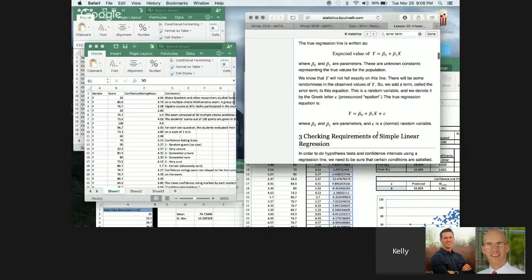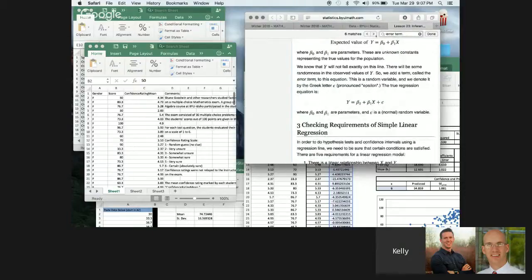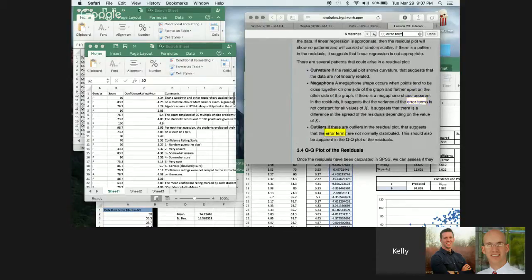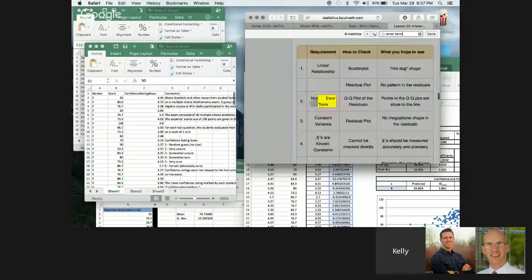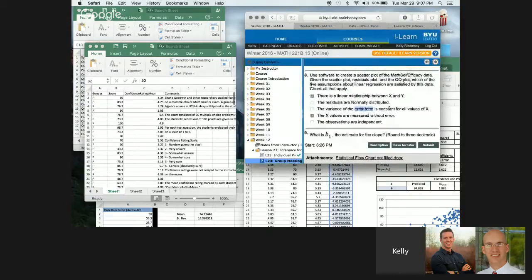So hang on. So for number 3, the constant variance, it says no megaphone shape in the residuals. And that is true. There is no megaphone shape. So C is the correct answer. Okay. So we're going. No megaphone shape. And then observations are independent. Knowing the value of one of the y's tells you nothing about any other points.